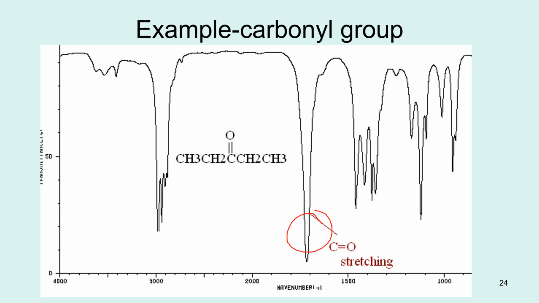So it's very symmetrical. And that's the C double bond O. You can see here, there's not much else. This is actually just a little bit of noise. There's not much here. And there's nothing really above 3000. And I'll tell you, as we're doing them, if it's not something to keep track of, I'll tell you to ignore it, until you get more used to it.